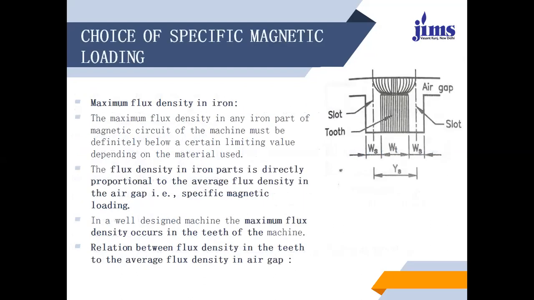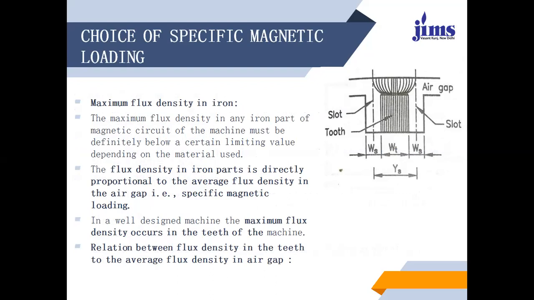Choice of specific magnetic loading depends upon the material property and the maximum flux density in iron. The maximum flux density in any iron part of the magnetic circuit of the machine must definitely be below a certain limiting value, depending upon the material which is used.